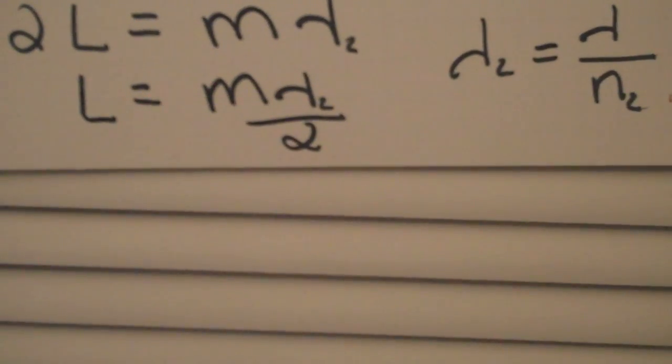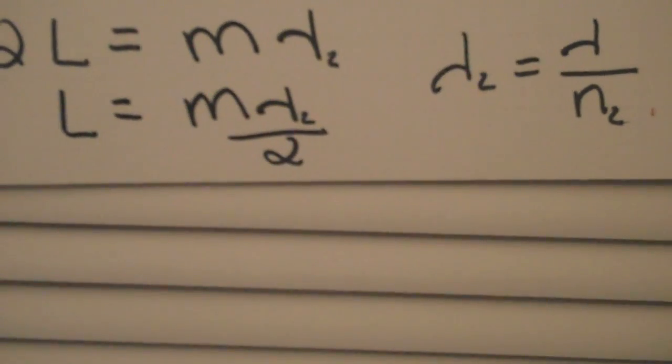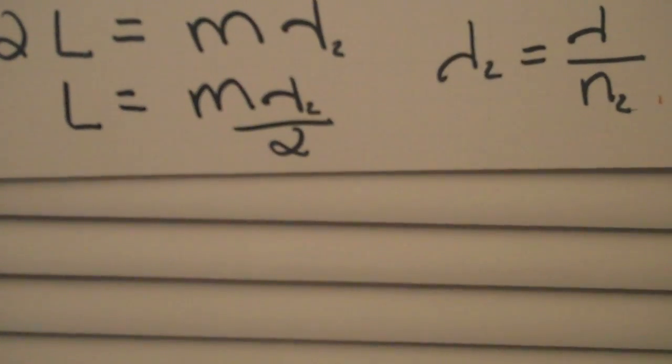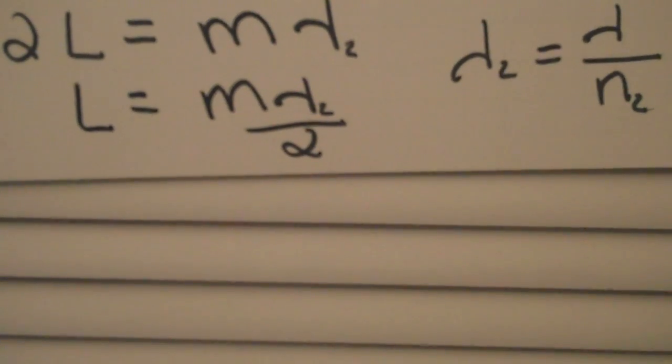To figure this out, we first need the interior wavelength, which will be the wavelength divided by the index of refraction.